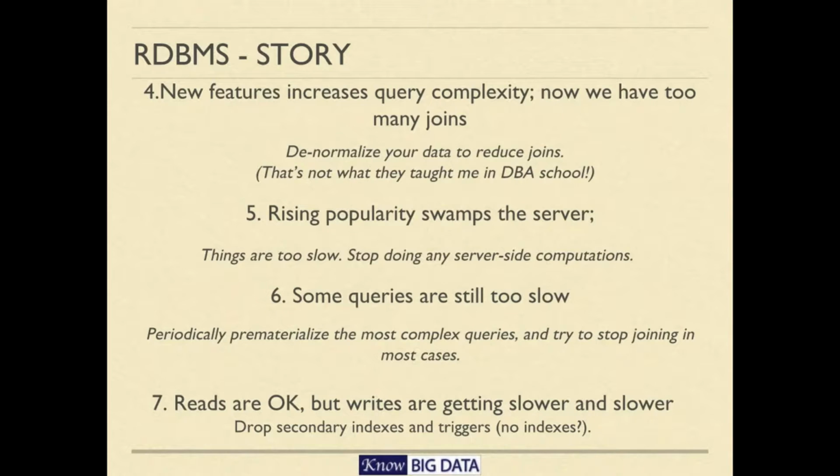Now, why are the writes slow? Because when you modify a table, there are a lot of things that happen in the background. The first thing that happens is you update the indexes, meaning every time you modify the book, you have to update the index that is on the back of the book, right? Because you might have added a keyword.